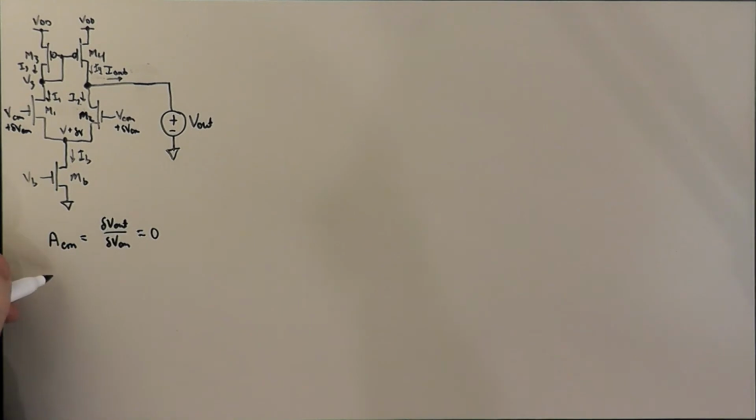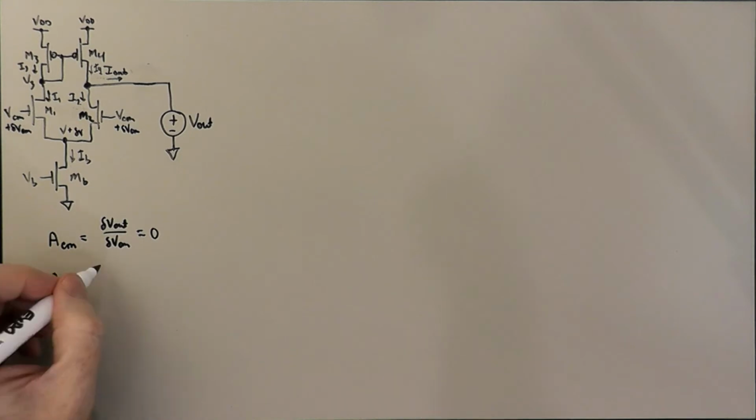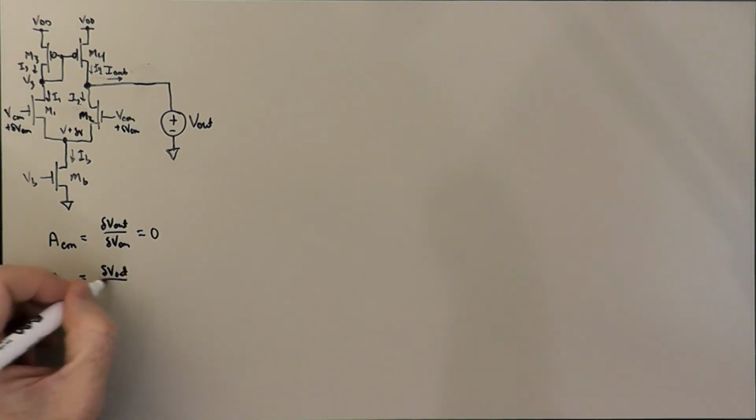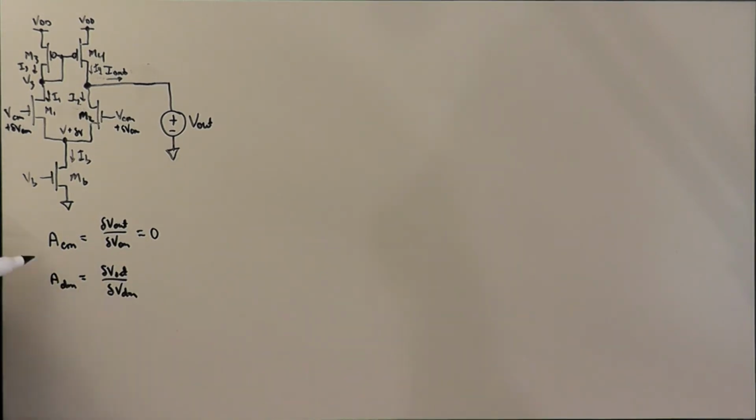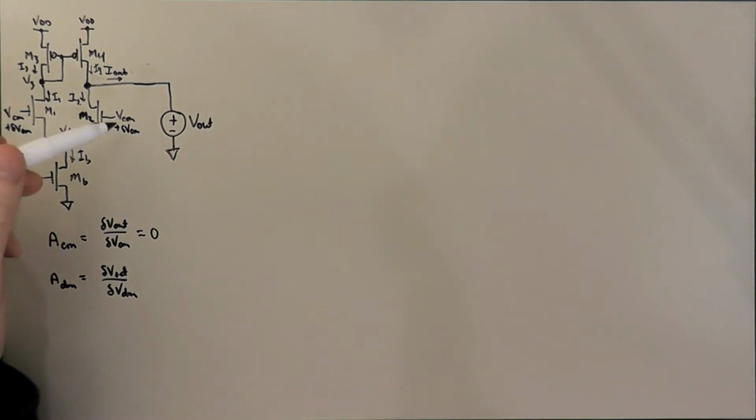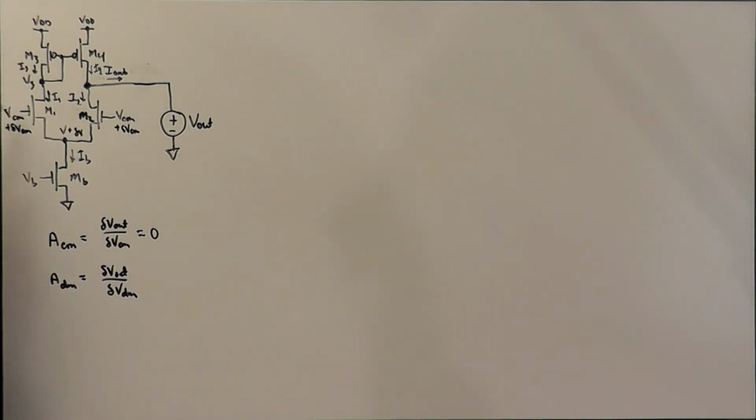So we had also the notion that the differential mode gain from last time, which would be delta V out divided by delta VDM, these are actually partial derivatives of basically a voltage transfer characteristic, sweeping one of these around the other one, or sweeping a pure differential mode input, which would be, strictly speaking, putting a VDM in here and a minus VDM in here, or something like that, or plus half of VDM here, minus half of VDM there.